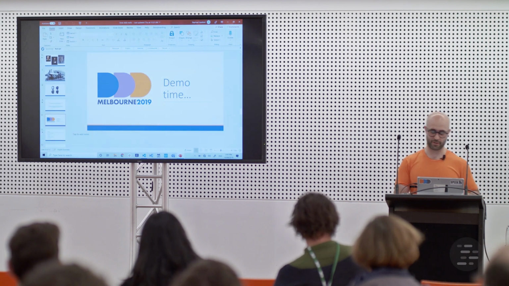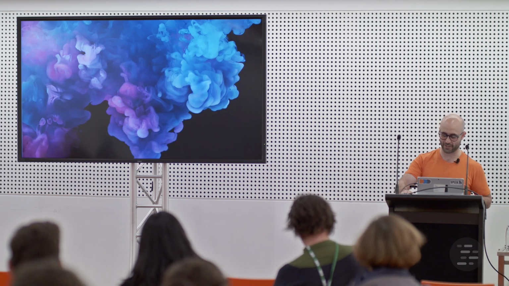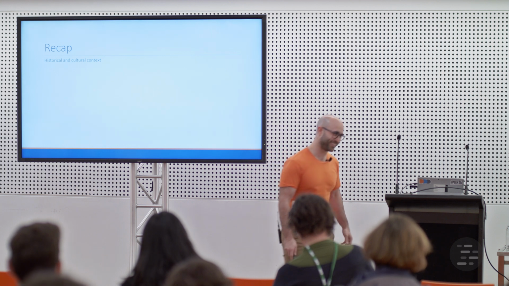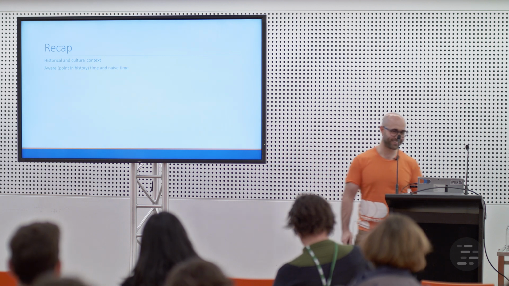Let's do a bit of a recap. I want to really emphasize this thing that it's not completely our fault. There is a historical and cultural context to date time. And please don't judge developers on their commit history. It's not all us.